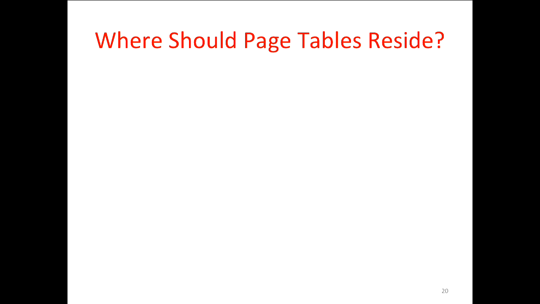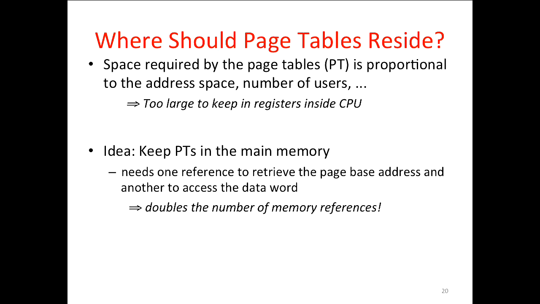You don't really want to keep that inside the CPU. So really, they're just kept in main memory. The idea is you're going to use physical memory to also hold the page tables. So remember, physical memory is holding the user program, the user data. It's holding the OS program, the OS data. It's also holding these tables that give you the mapping from virtual to physical addresses. So the page tables also live in the physical memory.